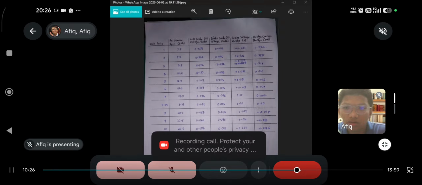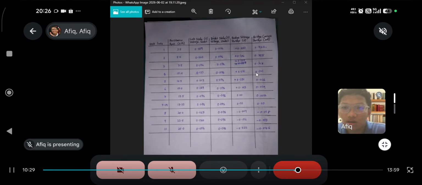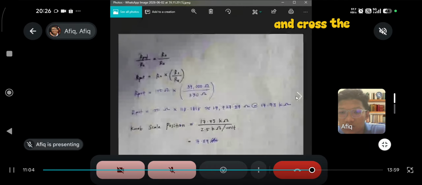As requested by the assignment, we sweep our potentiometer scale from 1 all the way to 10 to map out the circuit's characteristic. When plotting these readings, two highly notable behaviors emerge. The bridge voltage versus resistance curve starts in positive territory, at 0.434 volt at scale 1, slopes smoothly downward in a non-linear decay, and crosses the horizontal zero line at our target point.